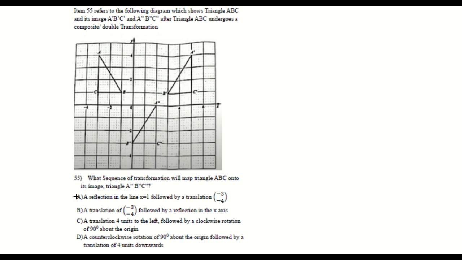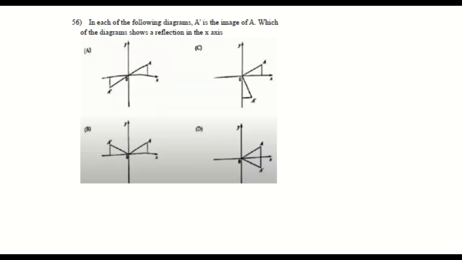So x is equal to 1. We have a reflection from here to here, followed by a translation. We go negative 4, 1, 2, 3, 4, and then 1, 2, 3. So it'll be A. That is the sequence: we first have a reflection and then a translation. So the answer for 55 is A.